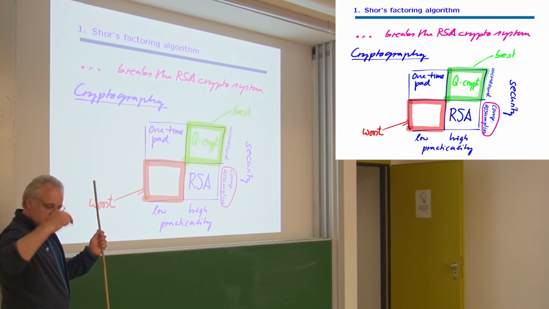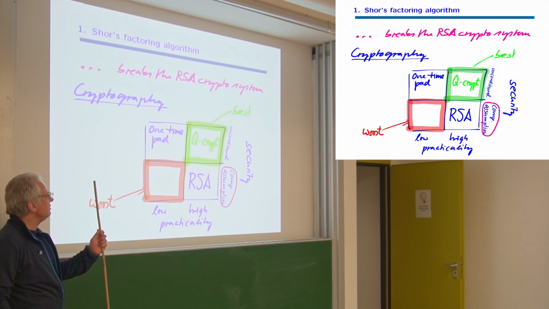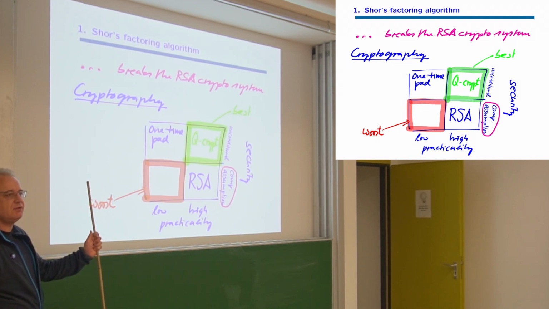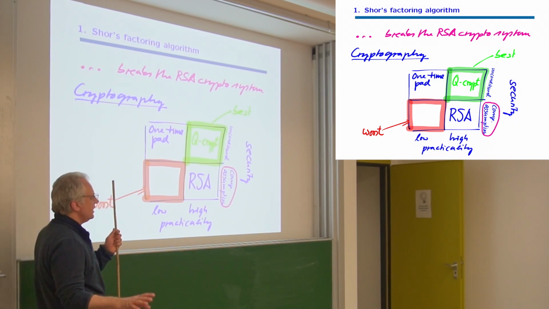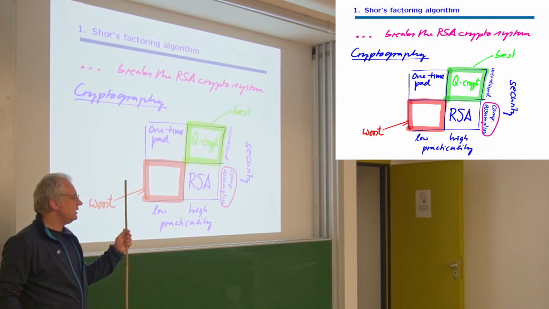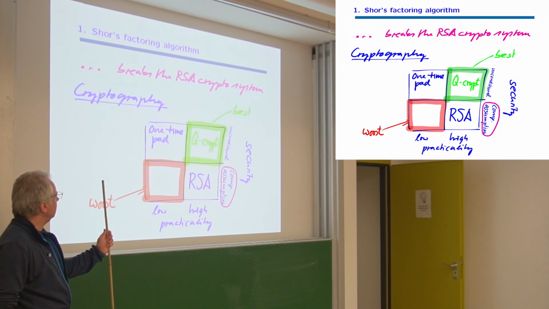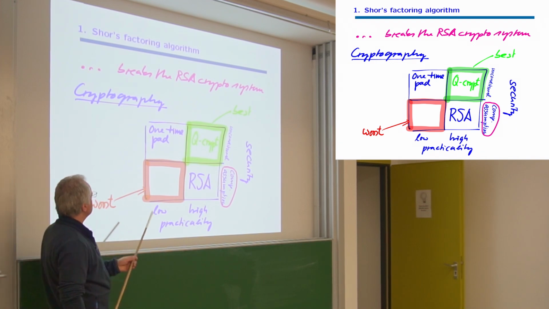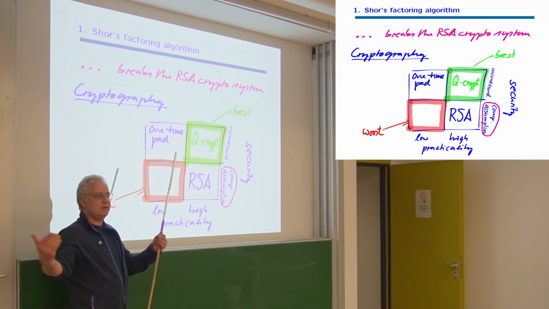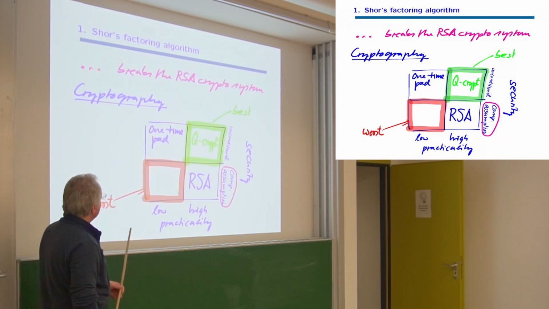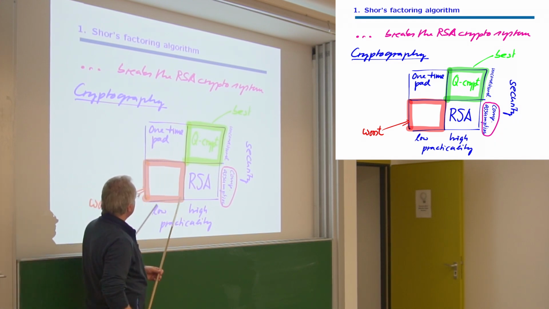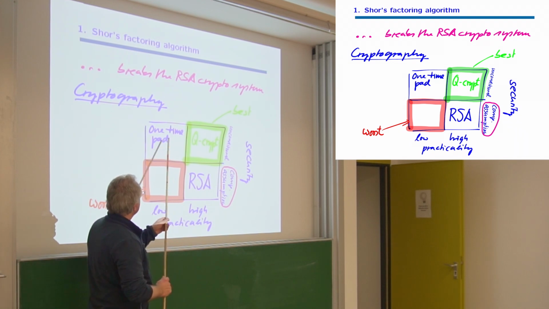On the other end, the receiver subtracts the bit string again and gets the clear message. For anybody else, the encoded message is just random bits. Can't do anything about it. So that's unconditionally secure, but the problem is you have to have met with the person you want to communicate with.